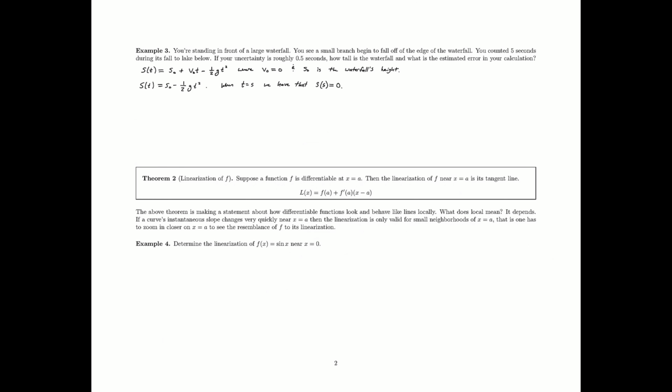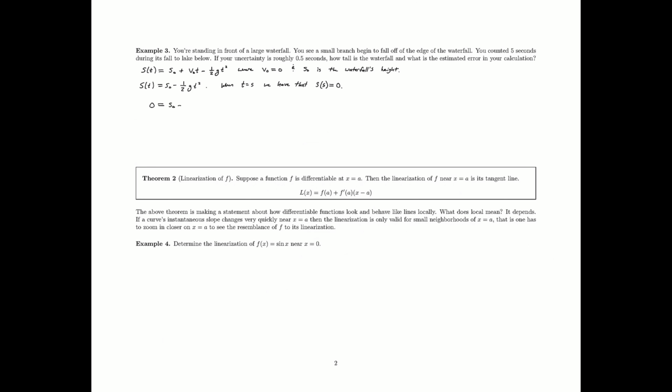It's reached what we're calling 0. So we're calling the surface of the lake 0 meters. So we can fill this in. So we have 0 equals s naught minus g over 2, 5 squared, so 25.